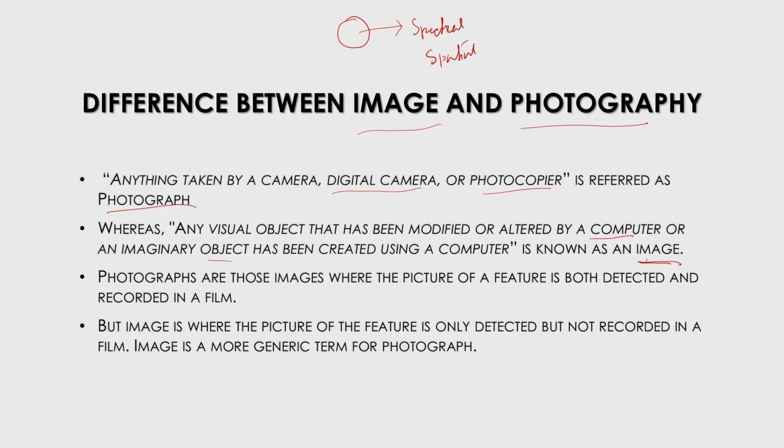Some instrument has captured that image, but it has not been altered. Then it becomes a photograph. So a photograph is actually a raw image captured by the camera.